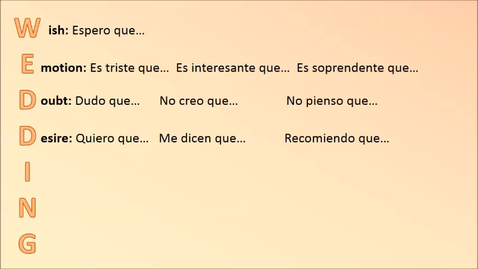Quiero que means I want that. Usually I want you or I want him or her to do something. Me dicen que, this is somebody else telling me to do something. And recomiendo que, recommending that somebody does something is also desiring that they do that thing.